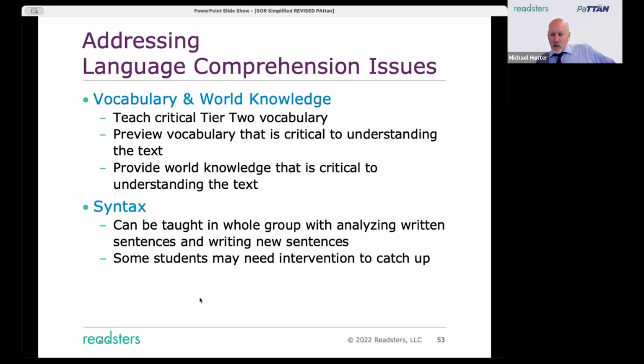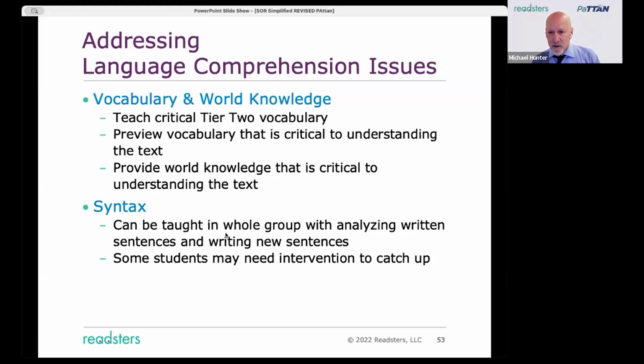I would refer you to the work of William Van Cleave, who unfortunately has passed on, but left a great body of work and some really good instruction for teaching syntax at the sentence level. And that can be taught whole group in the classroom, but also can be taught more specialized as intervention for students who need to catch up.